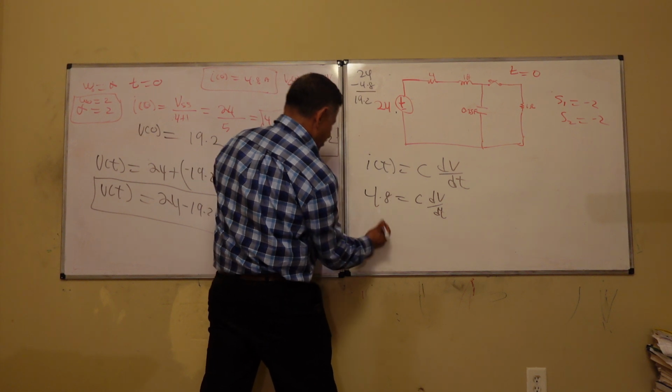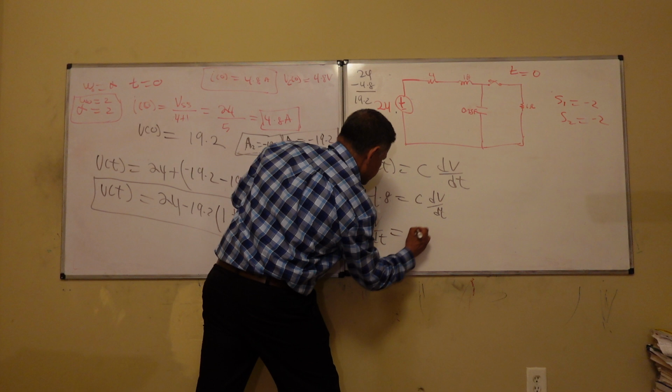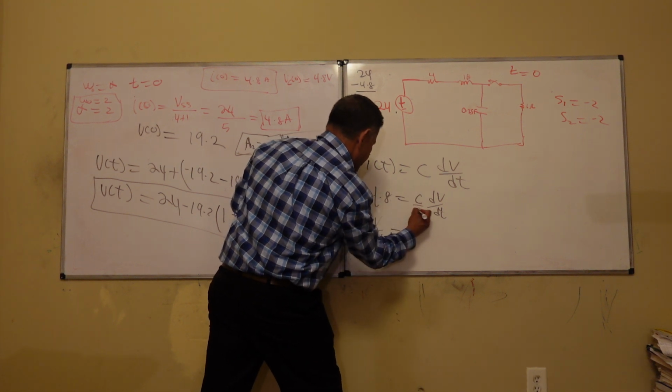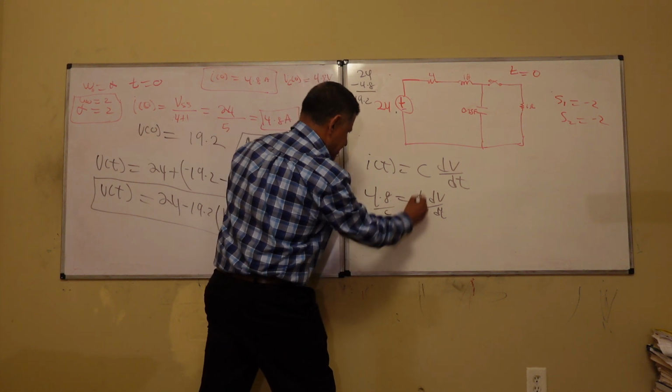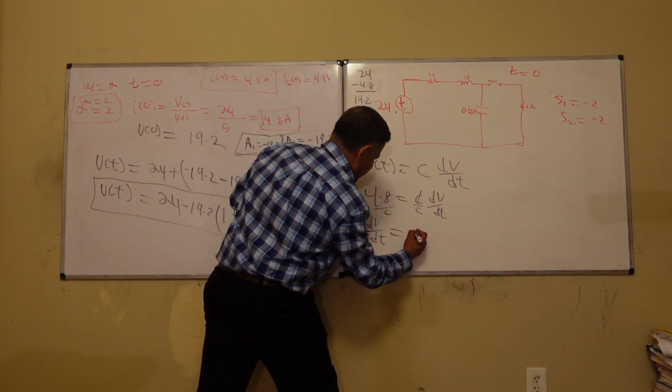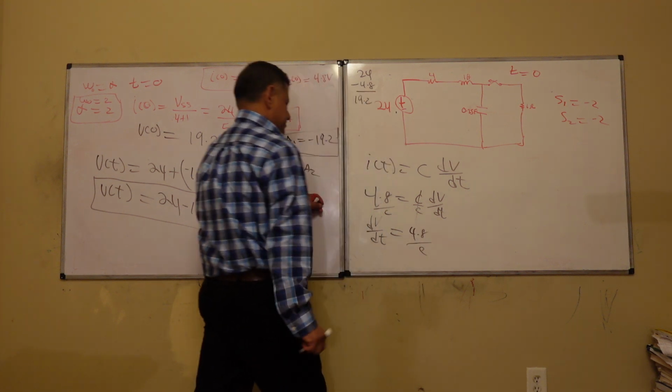Divide by c, and we see that dv over dt is equal to 4.8 over c.